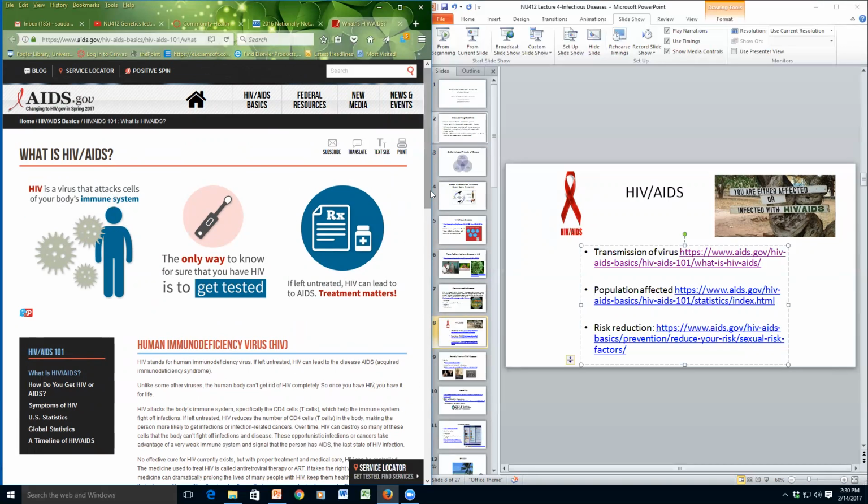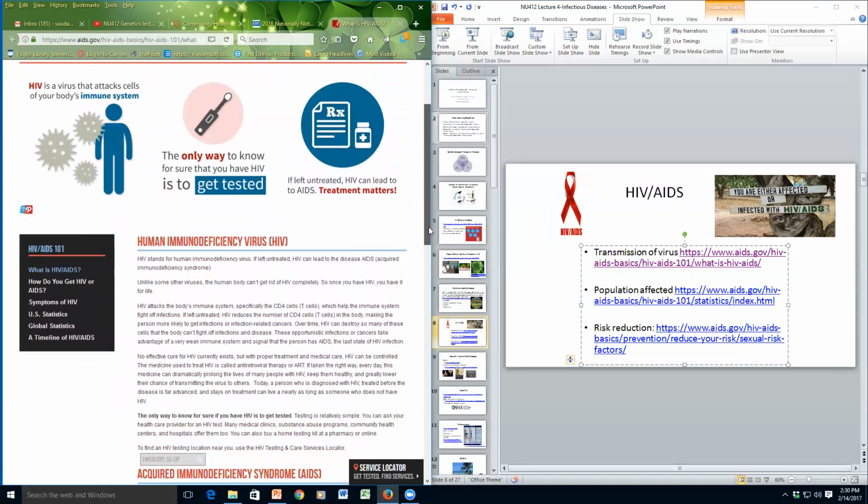So the first thing is that HIV is a virus that attacks cells of your immune system. Once you receive that virus, it attacks specifically CD4 cells or T cells, which help our body fight infection. If untreated, it reduces the number of CD4 cells, and your T cell count drops dramatically.